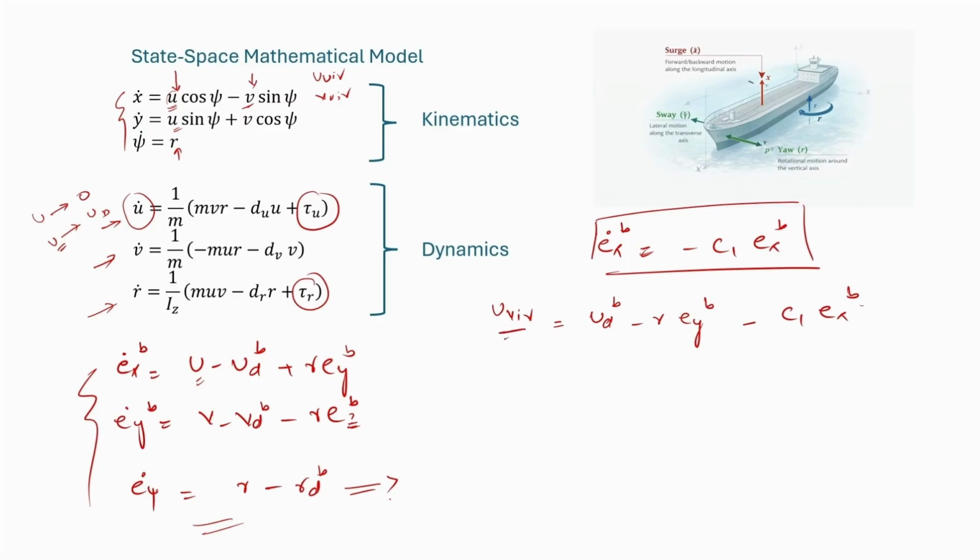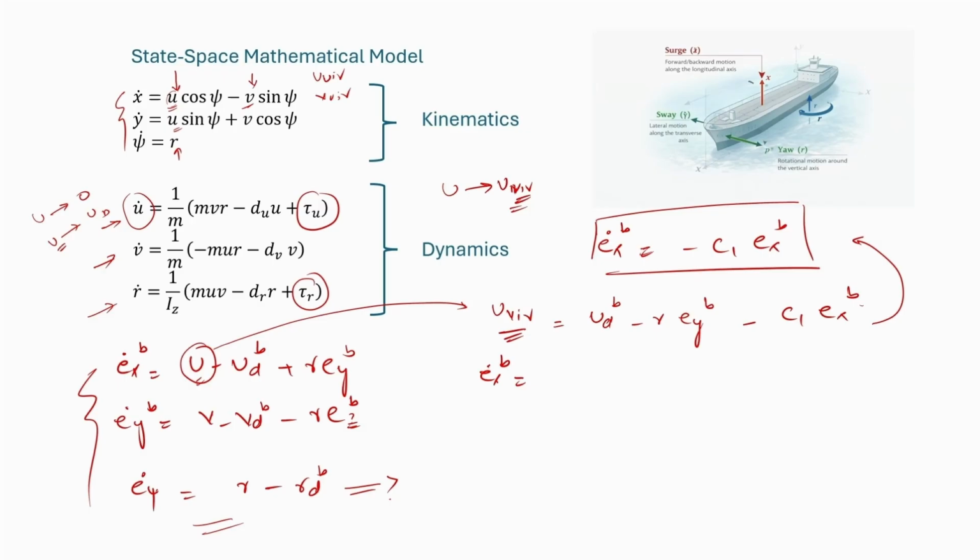Now when I substitute this U virtual in this term, we will achieve this result. Let me do it over here to explain it better. The idea is to make sure this U follows this U virtual. This is the main concept of this control for a 3 degree of freedom ship. If we can make sure this U follows this U virtual, which goes into the kinematics, then we can achieve the position control.